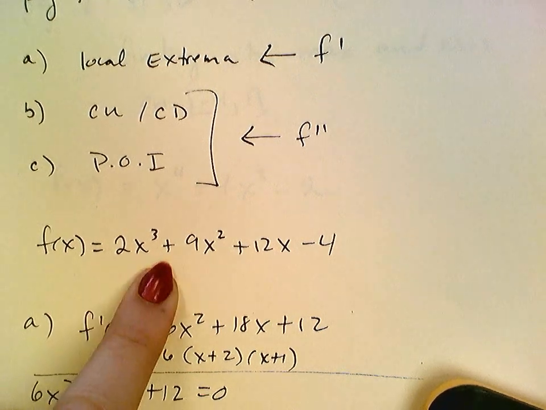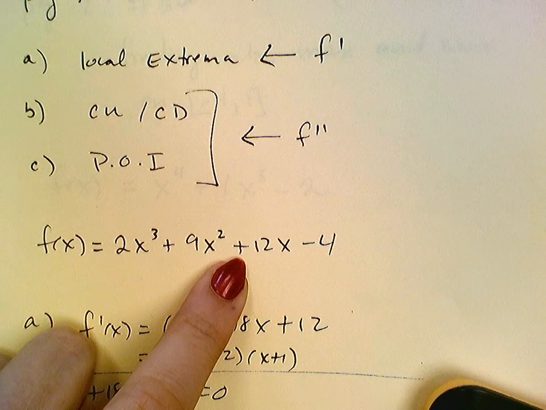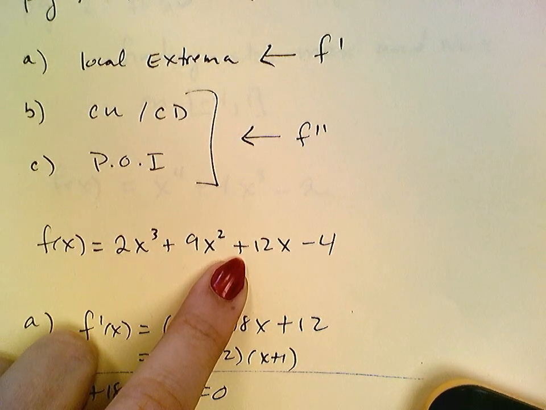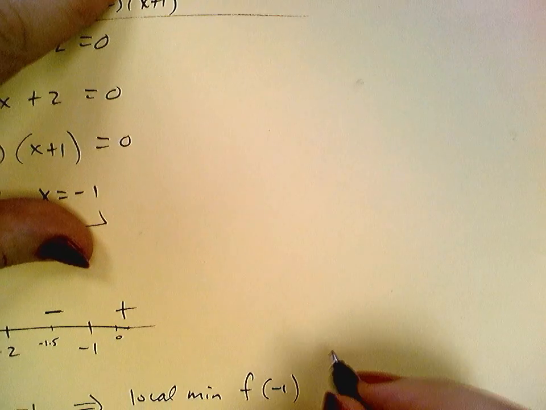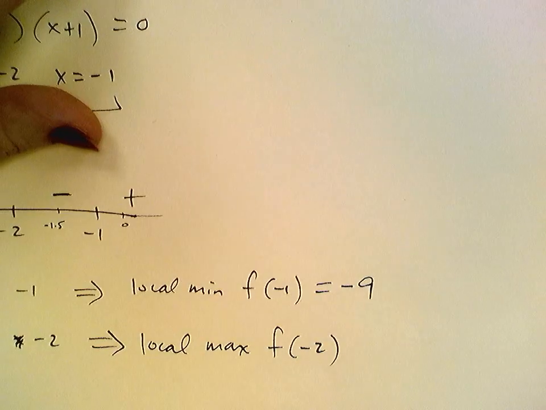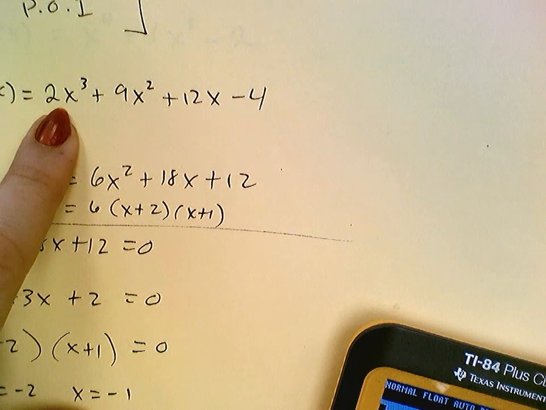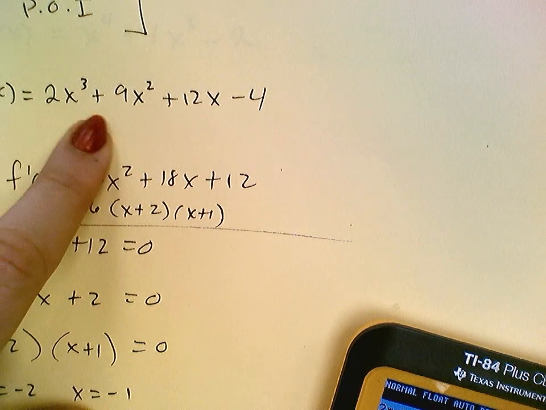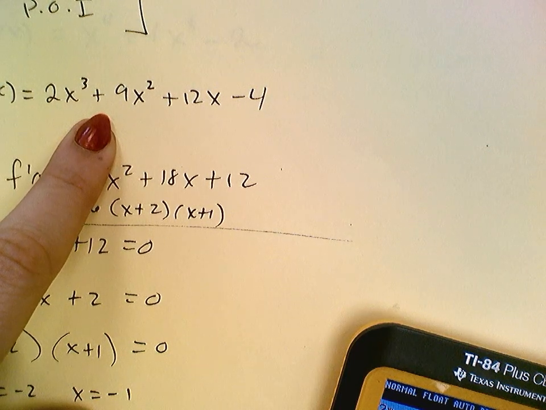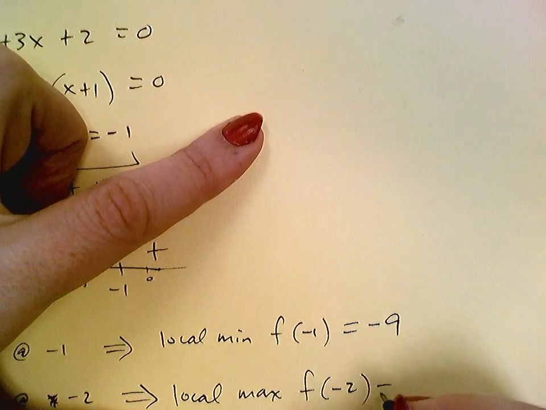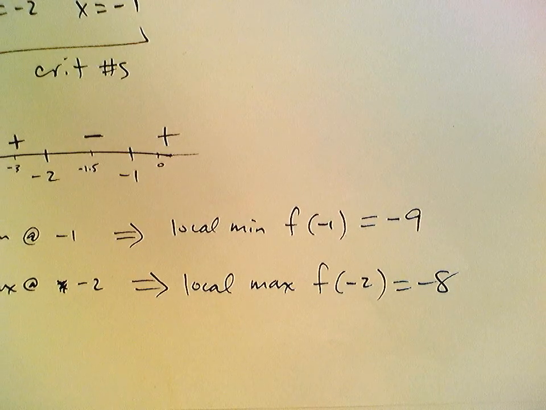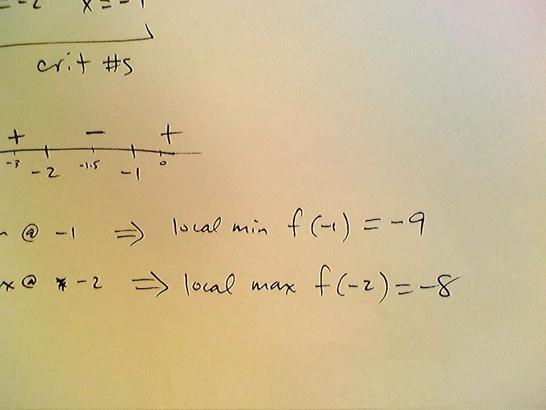So that'll be negative 2, oh shoot, plus 9, minus 12, minus 4. Okay, equals negative 9. And then I plug in negative 2, and we get 2 times negative 8 plus 9 times 4 plus 12 times 2 minus 4. Okay. All right, I'll have to make another part to the video.